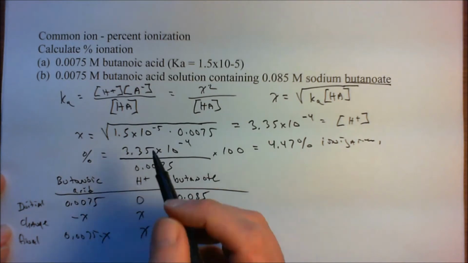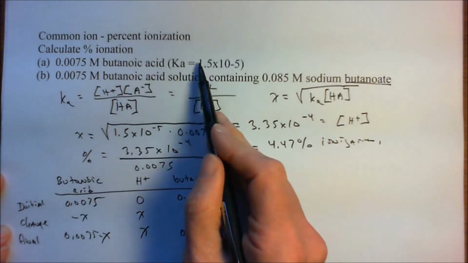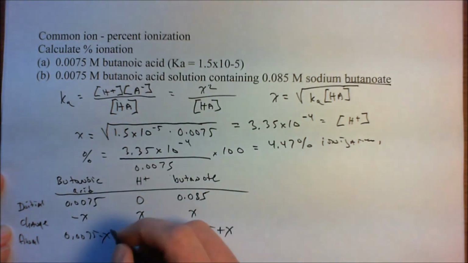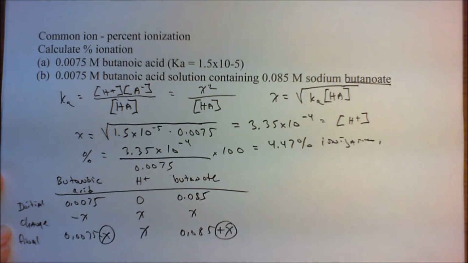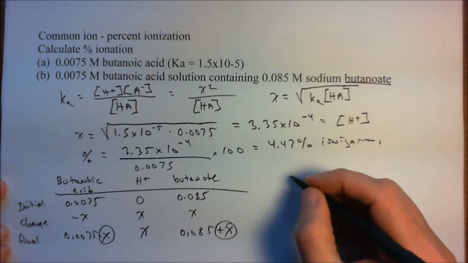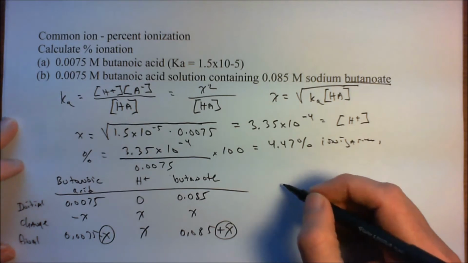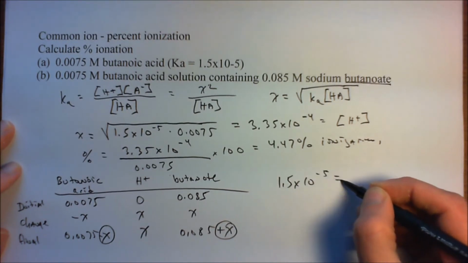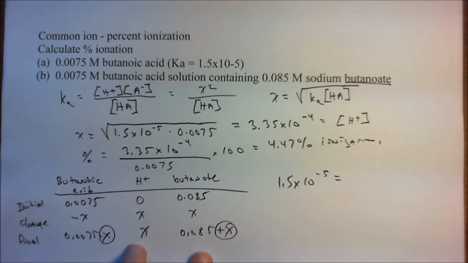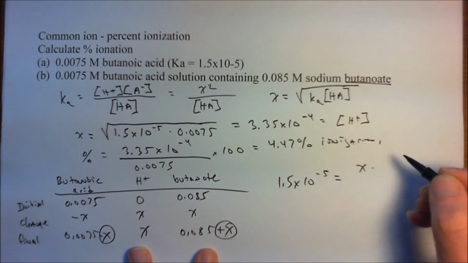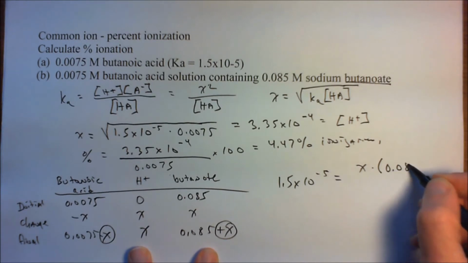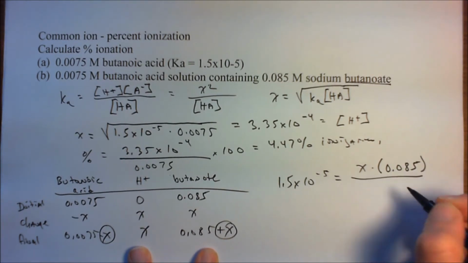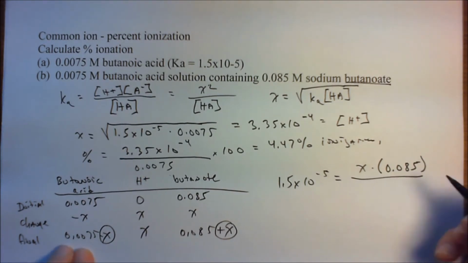We're going to assume, since this Ka is pretty small at 10 to the minus 5, that these x terms can be safely dismissed. So we'll dismiss these two right here. And so we can write out our final form as being like this: the Ka, 1.5 times 10 to the minus fifth, is equal to our products, which would be x times 0.085 molar, divided by our reactant, which of course is our butanoic acid, 0.0075.